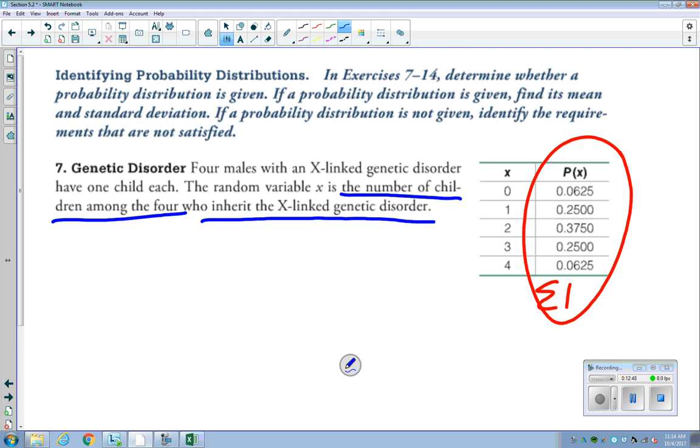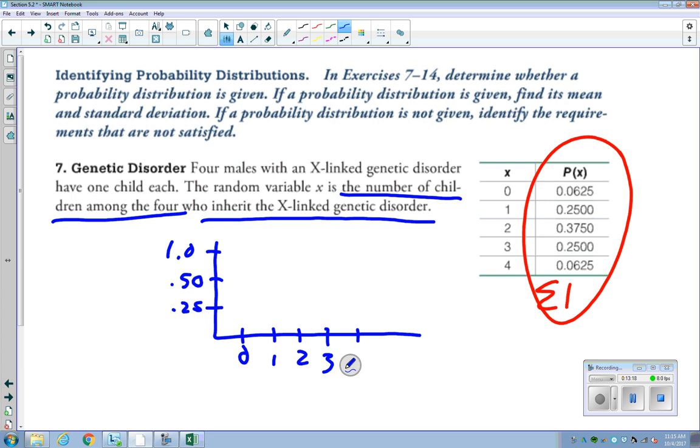When we think about this, and if we were going to graph this, and we put our probabilities, but notice how this graph is going to go. What did we just study? It's going to be a normal curve, isn't it? So 0, 1, 2, 3, and 4.